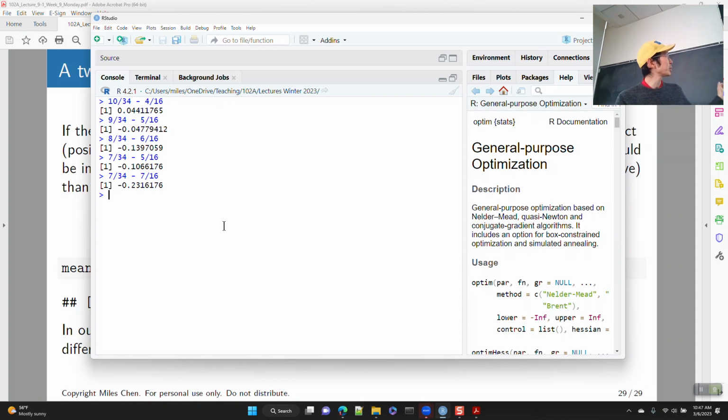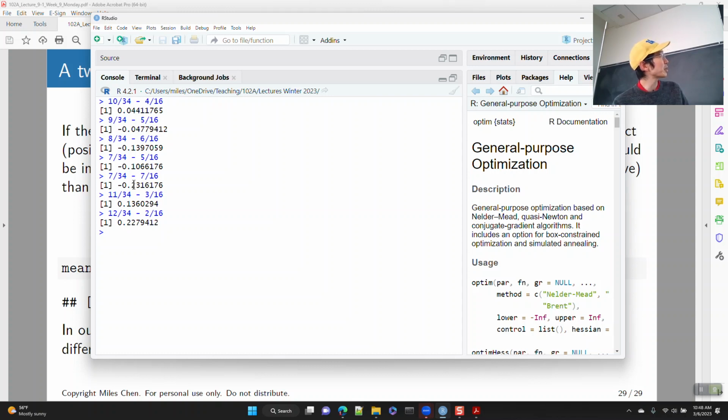And I would get negative 0.2316, okay? On the other hand, I could go in the other direction, 11 and 3, if 14 people, or 12 and 2, okay? And I get 0.227.